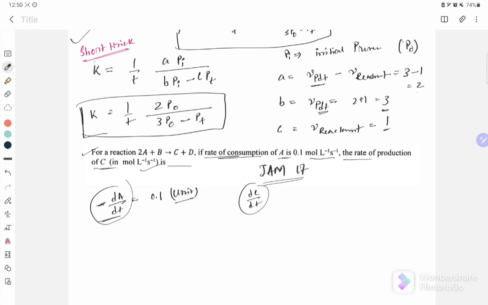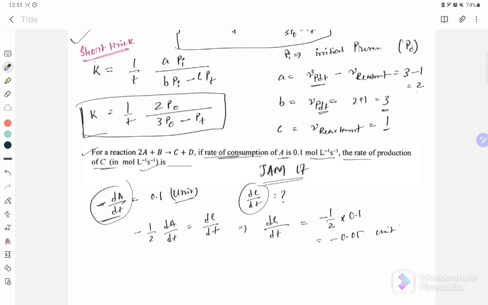So from the equation 2A plus B gives C, we can tell that minus 1/2 dA/dt is equal to dC/dt. So dC/dt will be minus 1/2 times 0.1, so minus 0.05.